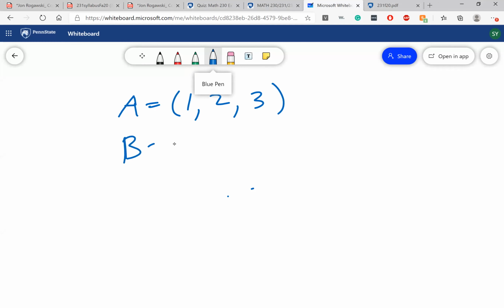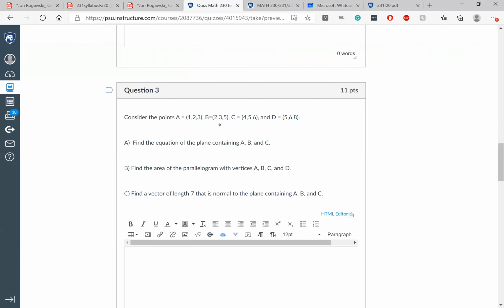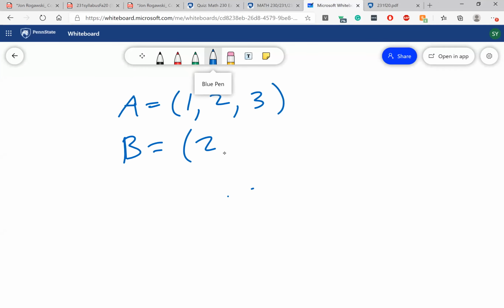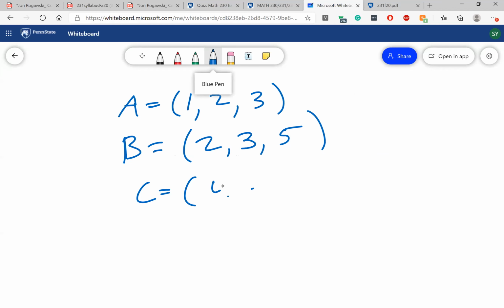Yes. So B is equal to 2, 3, 5, and C is equal to 4, 5, 6. Okay.